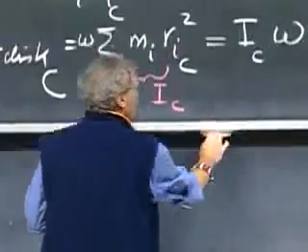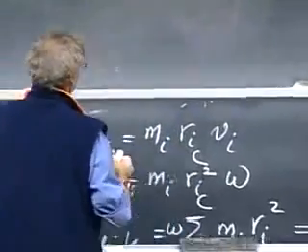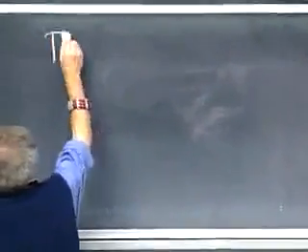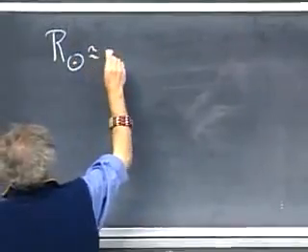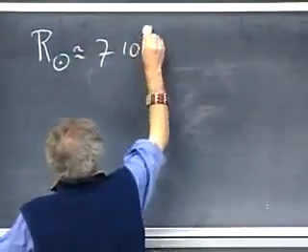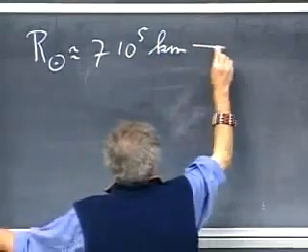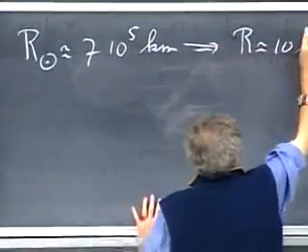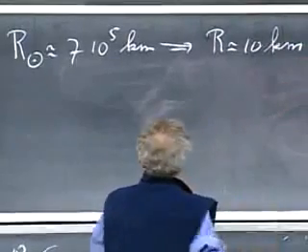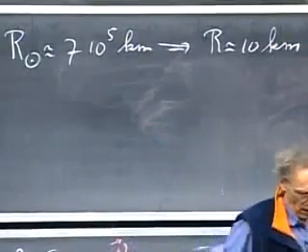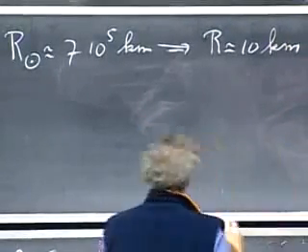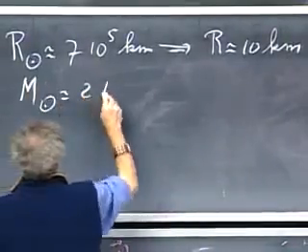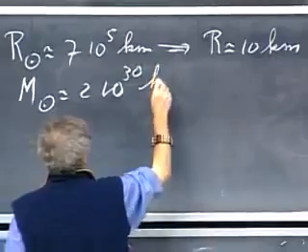It's just to get some feeling for the numbers. So we take an object like the sun, which has a radius of about 700,000 kilometers, and we collapse that to a neutron star which has a radius of about 10 kilometers. The mass of the sun is 2 times 10 to the 30 kilograms.